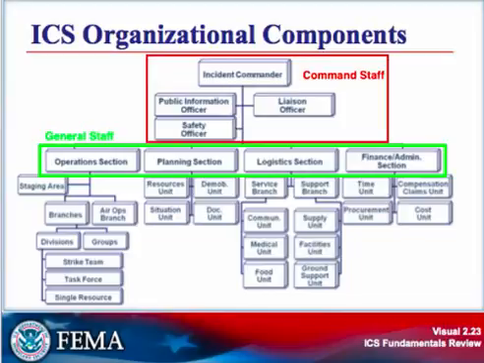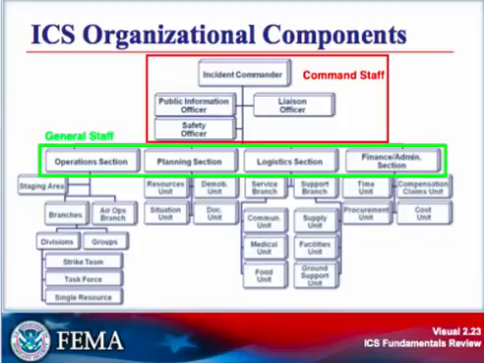A section is the organizational level having responsibility for a major functional area of incident management. These include operations, planning, logistics, finance administration, and in some instances, intelligence and investigations. The section is organizationally situated between the branch and the incident command.